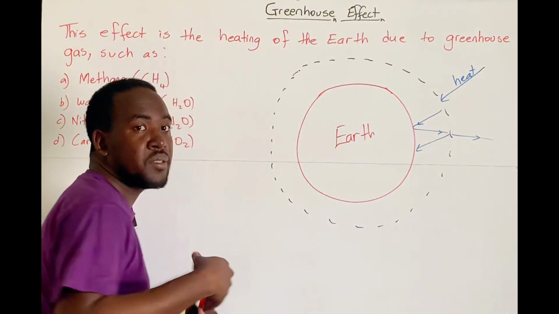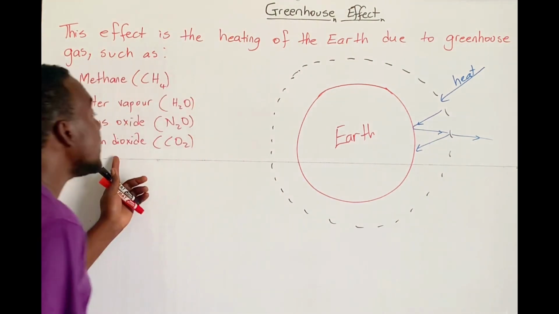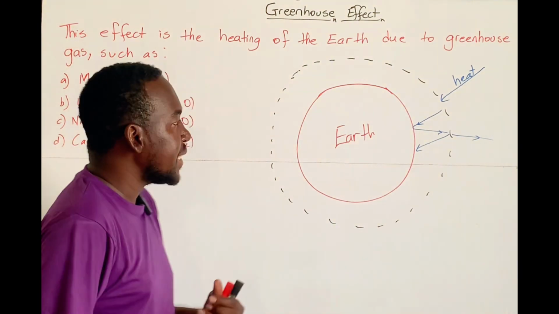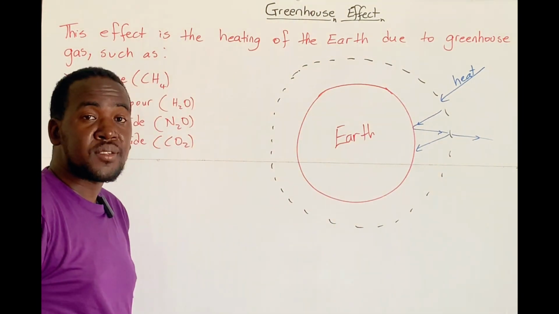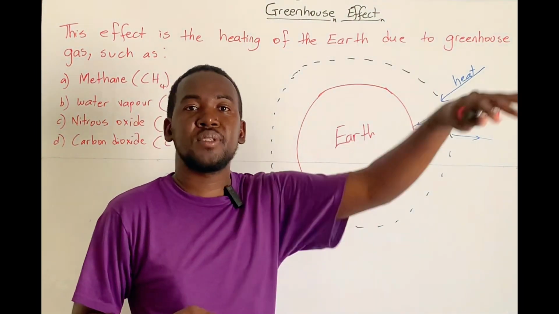This is the natural reaction of the principle. Now, with the presence of these gases, what they do is absorb some of the heat that the earth has been reflecting to go back out into space.